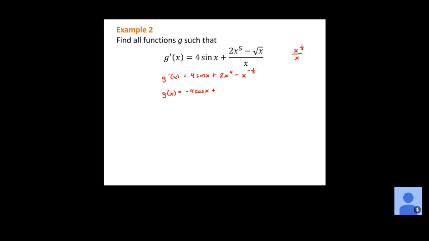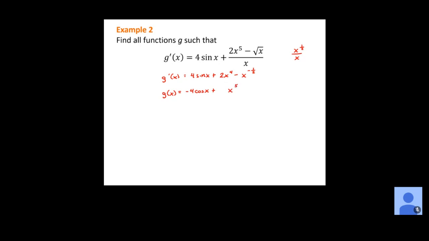So what if this was just x to the 4th? How would you find the antiderivative of just x to the 4th? Okay, add 1 to the exponent. So that's going to give us x to the 5th.